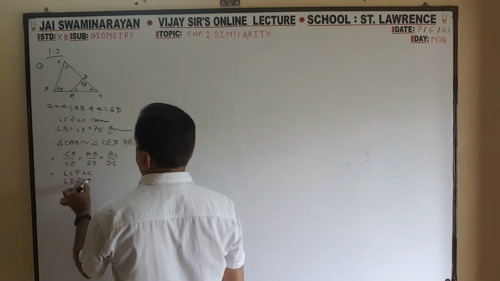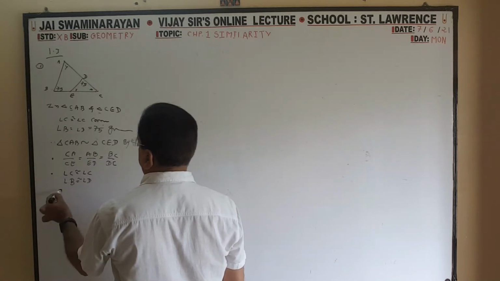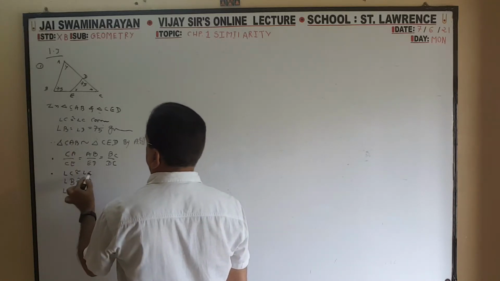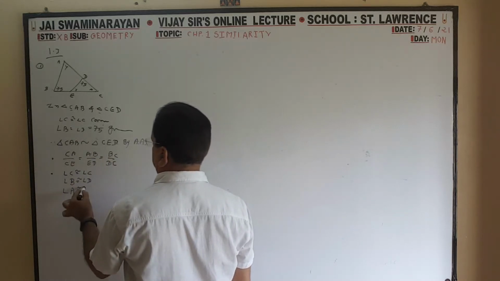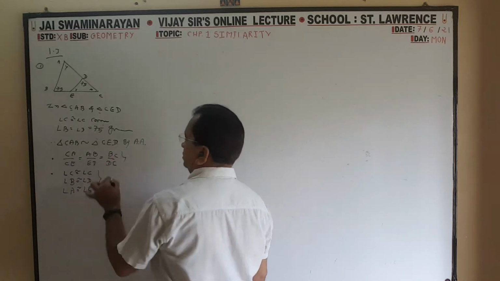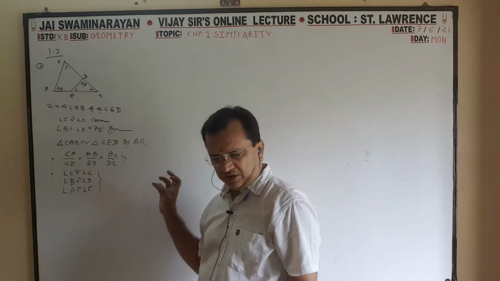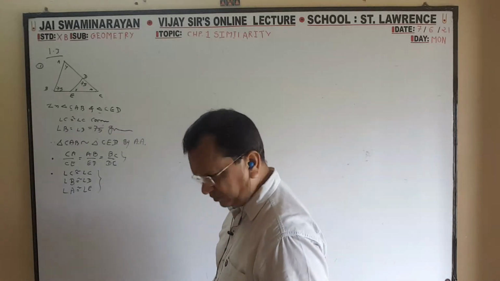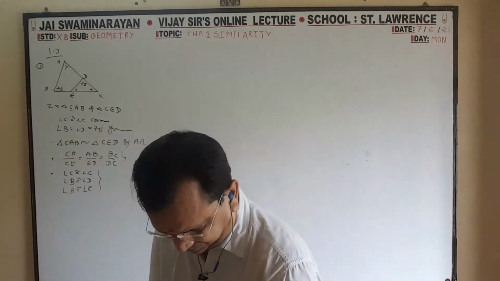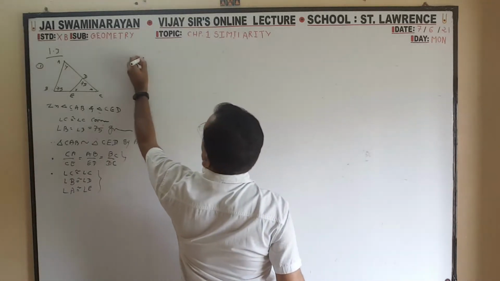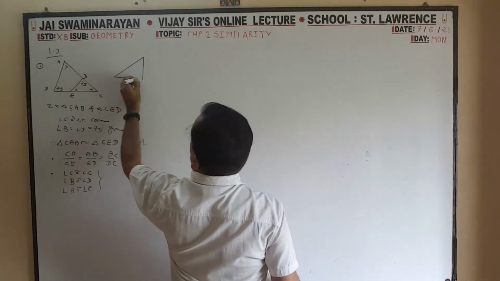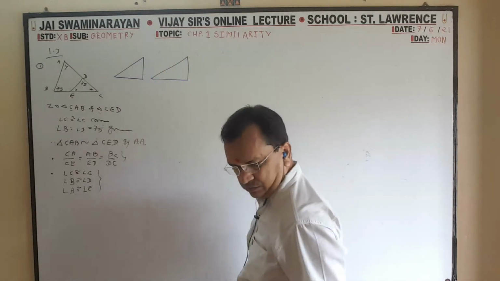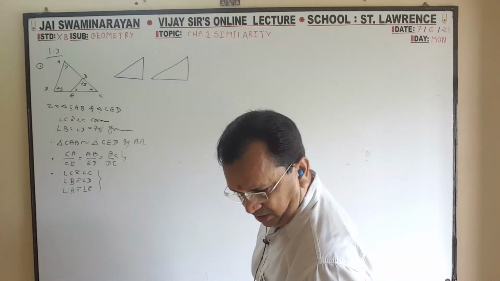Second, B and D. So C gone, B gone, A. CD gone, E. Sides are in proportion, angles are congruent. Now from that we will solve the problem. PQR, ABC.